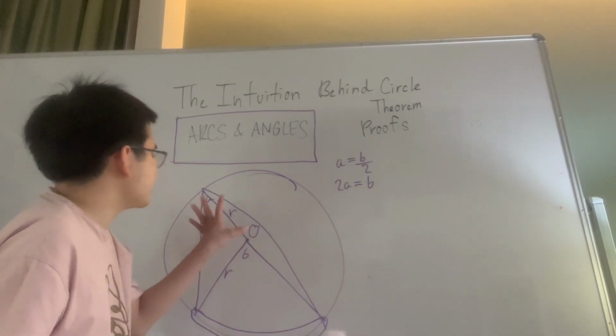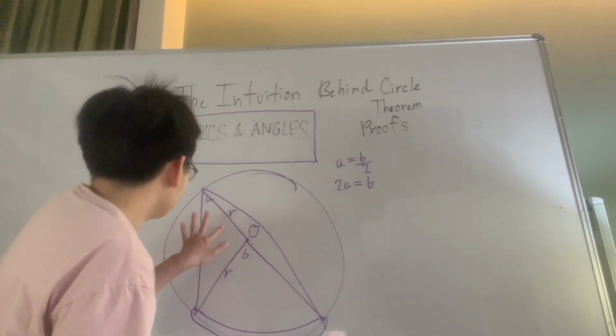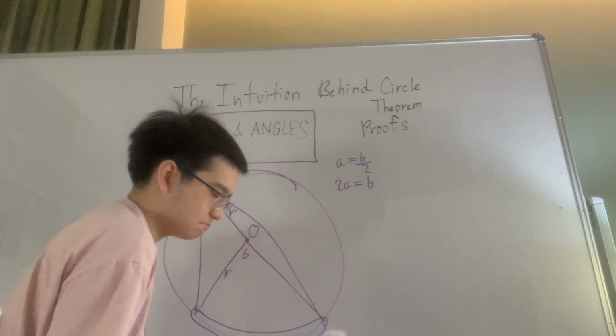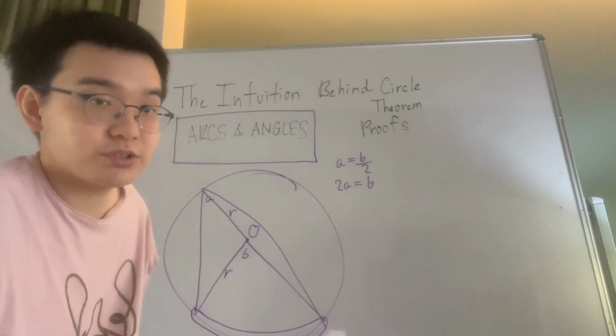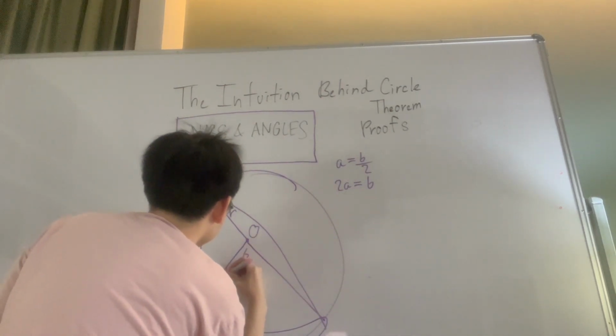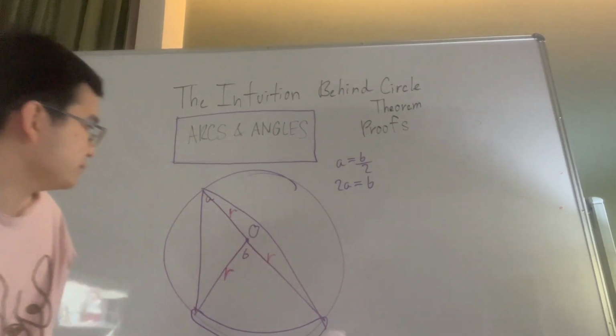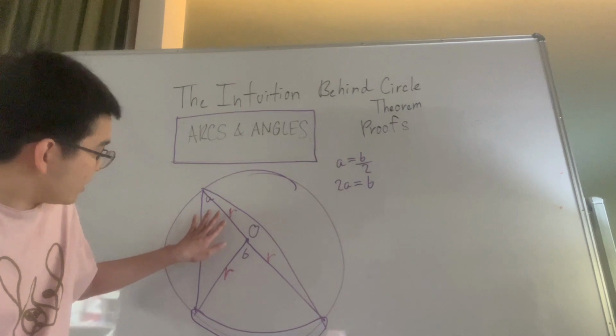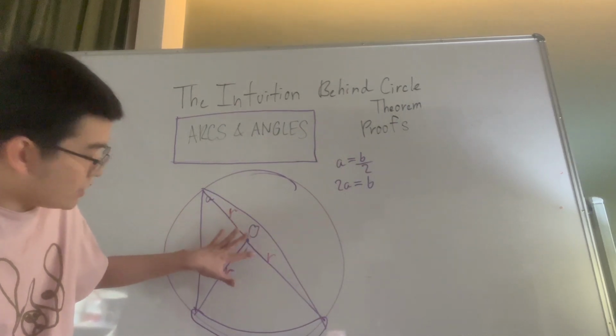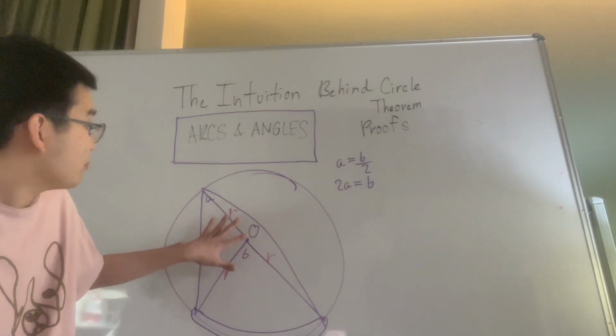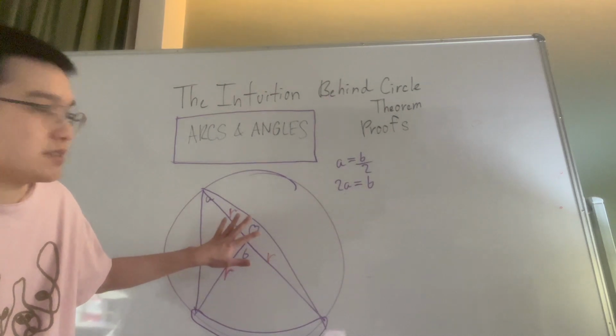This shape is inside a circle, so all these lengths are R. Sorry, I shouldn't use purple. I'm going to use that for a different thing. So this is R, this is R, this is R over here. And if a triangle has two adjacent lengths which are the same, by default that means it's an isosceles triangle.